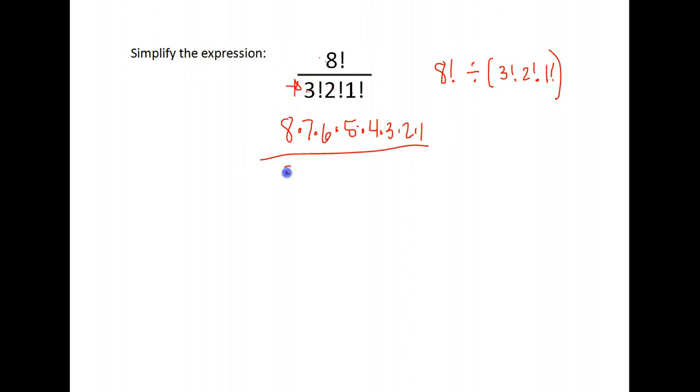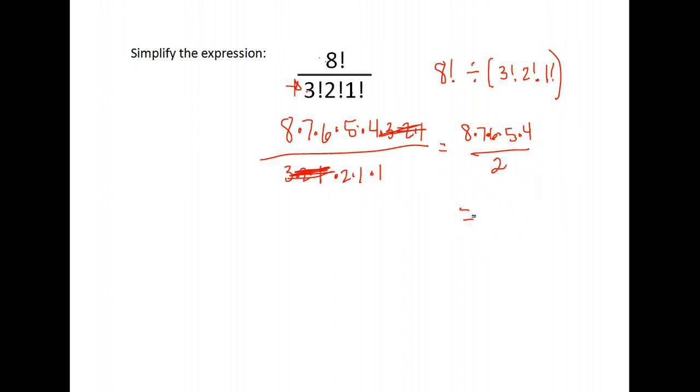Okay, on the bottom we have a 3 factorial, so 3 times 2 times 1, then 2 factorial, 2 times 1, and 1 factorial, which is just 1. Okay, what can we cancel? Well, we have a 3, 2, 1 in the top and a 3, 2, 1 in the bottom. You can reduce a bit more if you want, or you can go ahead and write down what you have left. Okay, on the bottom, all I had was 2 times 1 times 1, which is just 2.